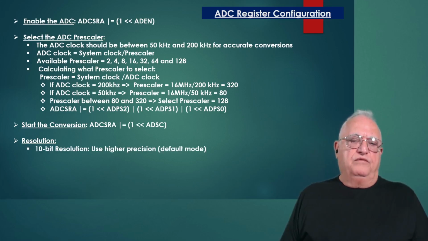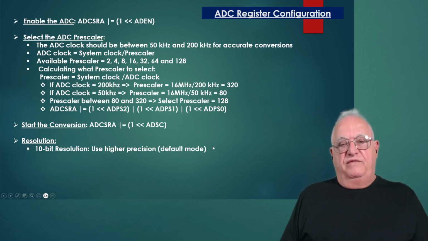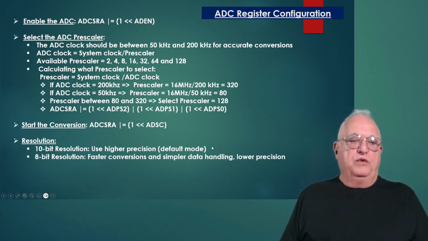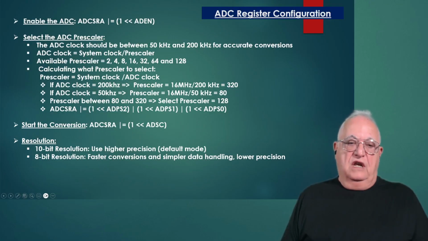The conversion from analog to digital can have a resolution of 10 bits, which is used if we want higher precision, and it's the default mode. But we can also set up the resolution to be an 8-bit resolution. That would be a faster conversion and simpler to handle. However, the precision is lower.